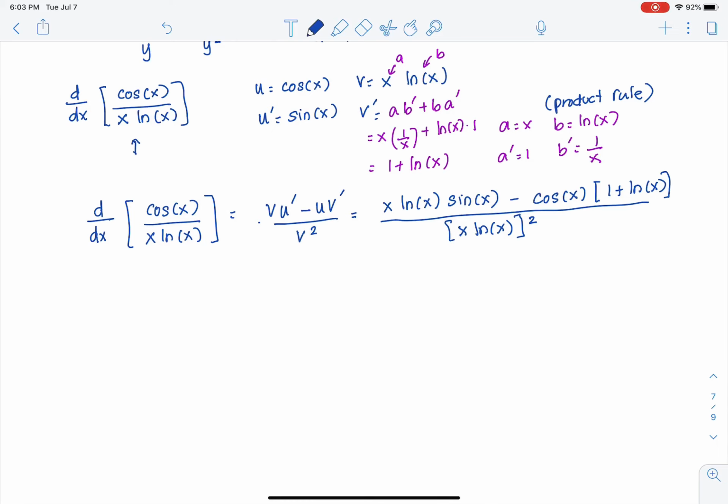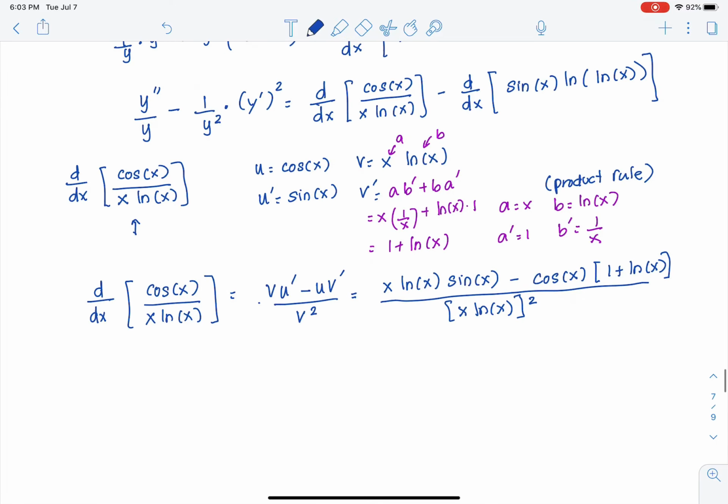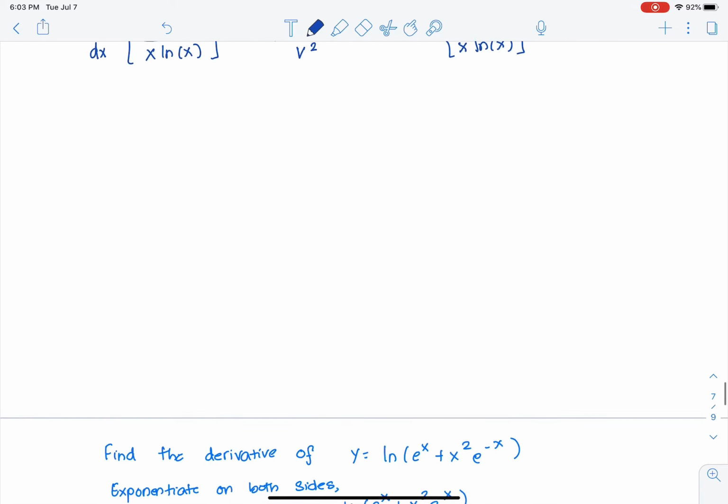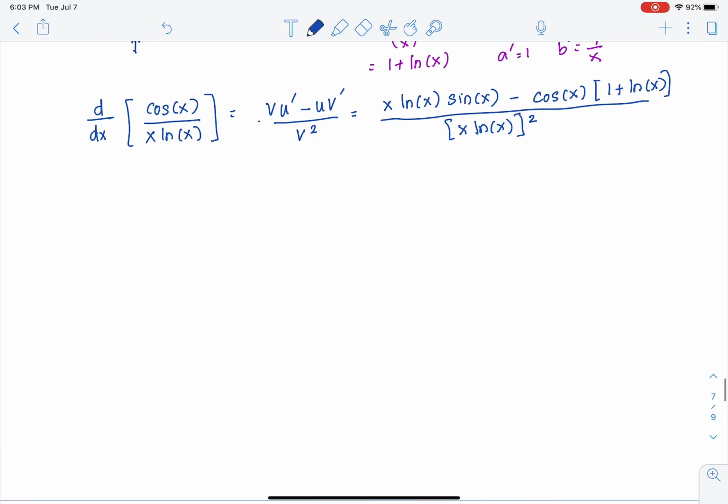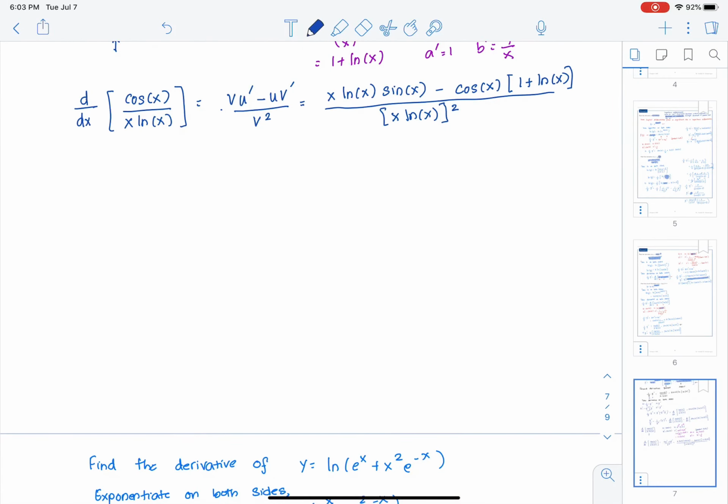We're not done yet. We still have to find the derivative of sine x ln of x. We might need another page, so let's go ahead and add another page.